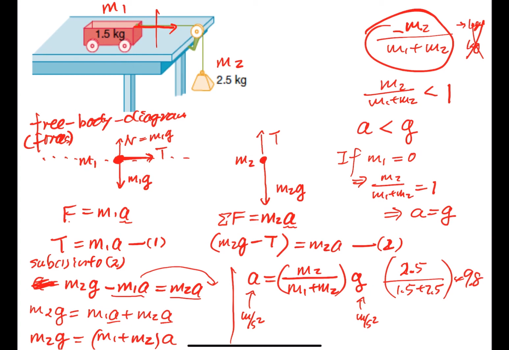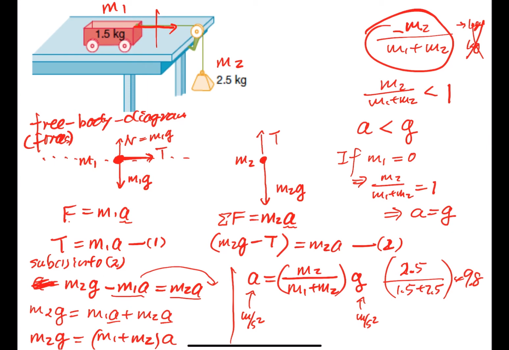That's it. So we wait until the last minute to plug the numbers in and get your numerical solution. Before you do it, you have already checked all the circumstances and special cases, and you find your formula is correct. All right, so we stop here today.